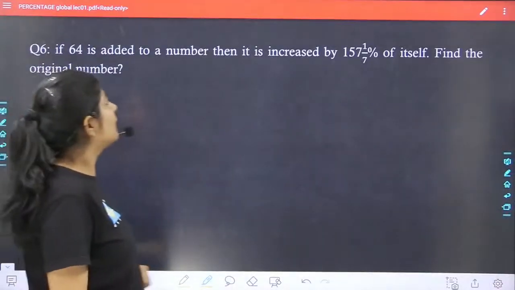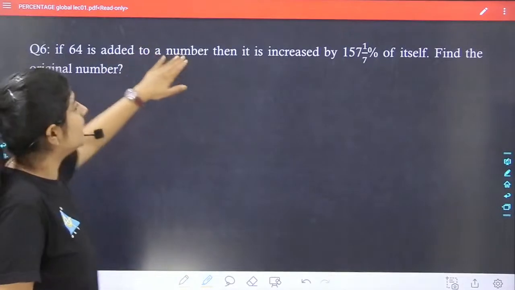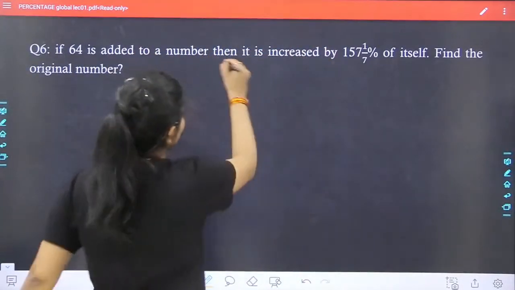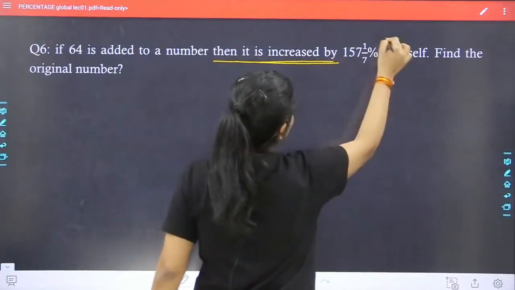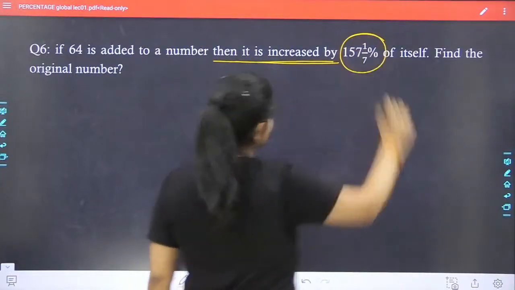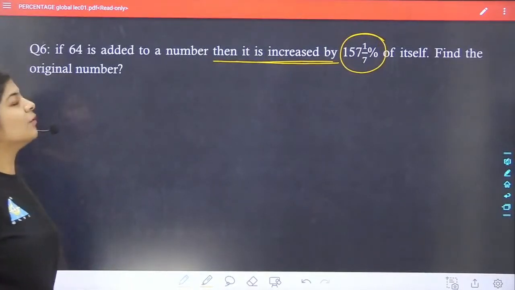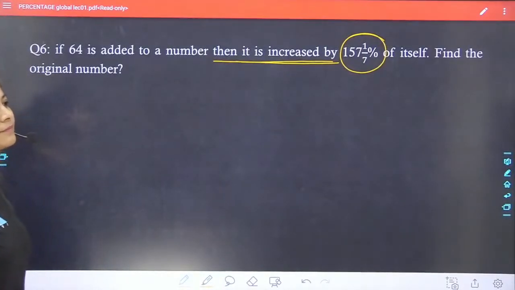If 64 is added to a number, then it is increased by 157 1 by 7% of itself. Then find the original number. What is the correct answer of question number 6?